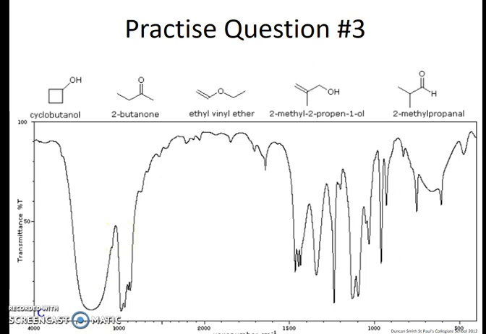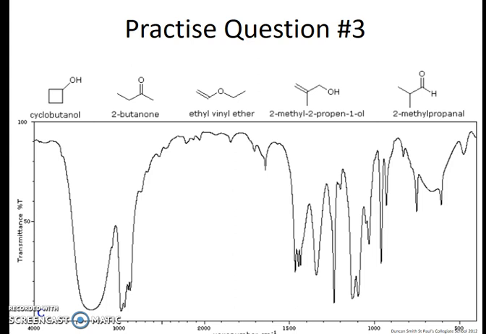The next thing to look at is the 1600 to 1800 wave number range. Although there are a couple of little tiny scrappy peaks up here, I don't think either of them is significant or obvious enough to be an alkene peak. There's certainly no carbonyl peak.